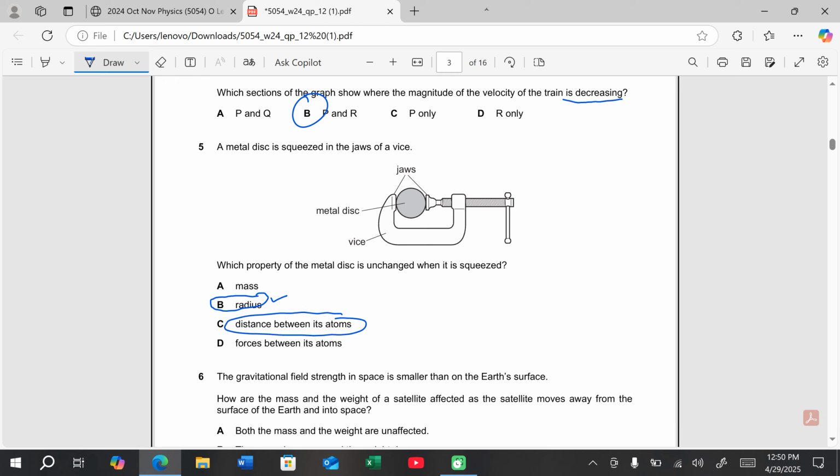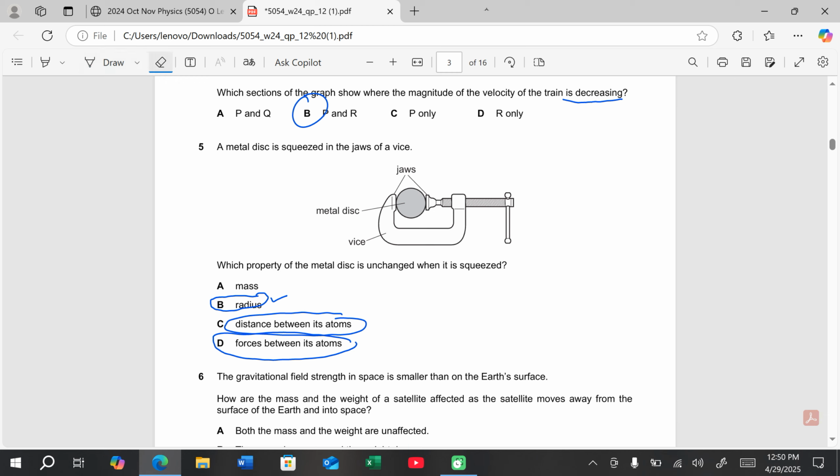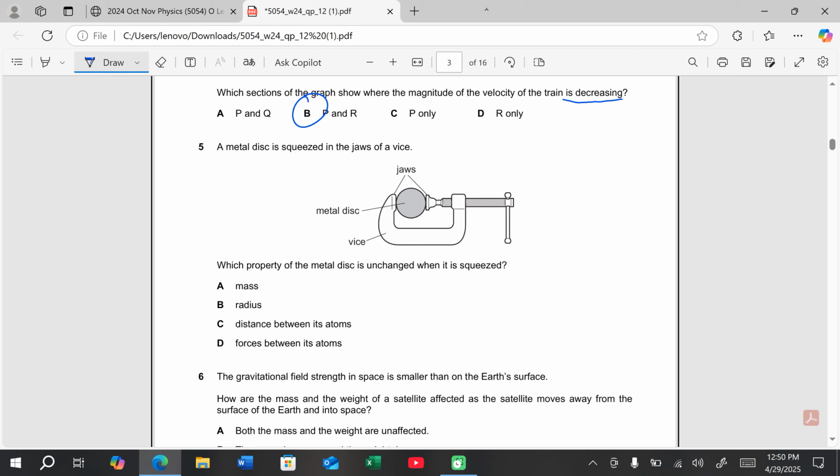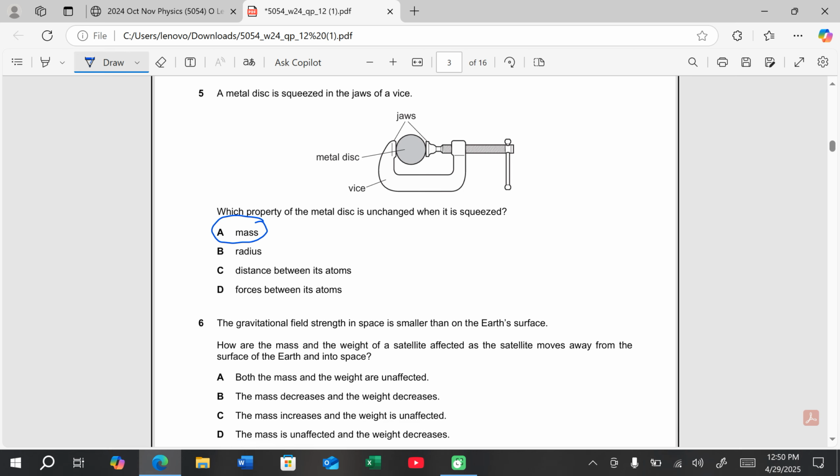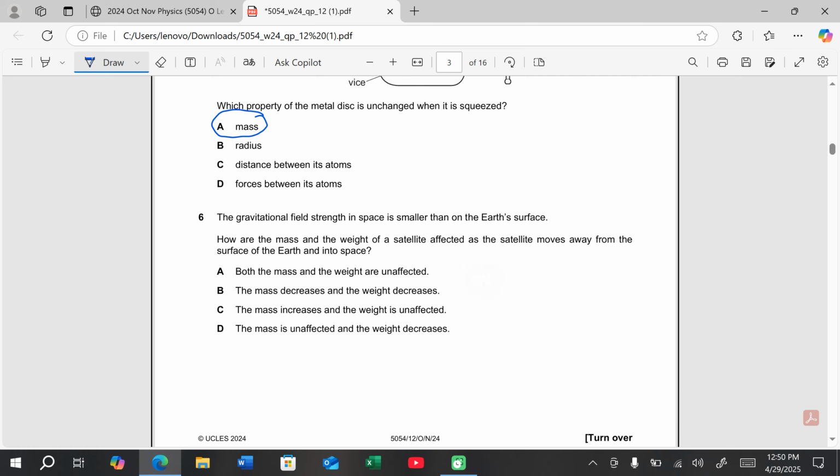And the forces between its atoms, again, might change as well, because when the particles are closer together, they'll be repelled more than normal. So the only thing which is unchanged is the mass. So the mass of the object does not change. Let's move on to question number 6.